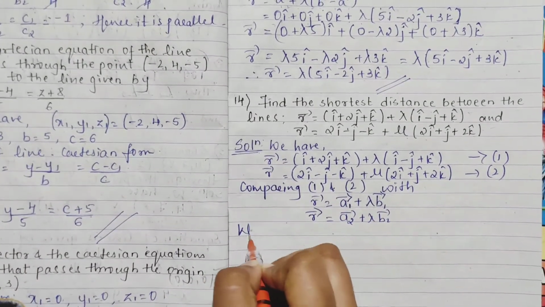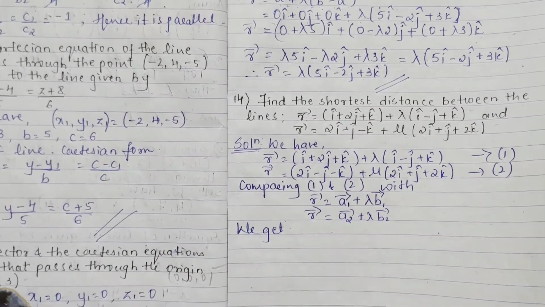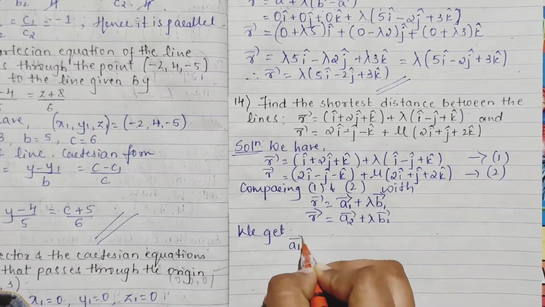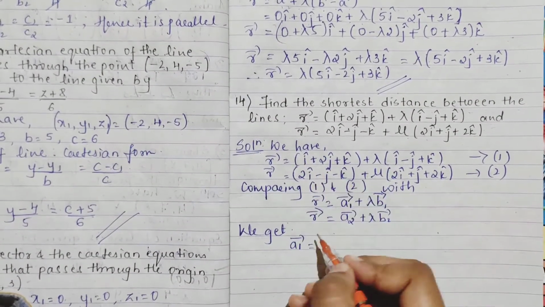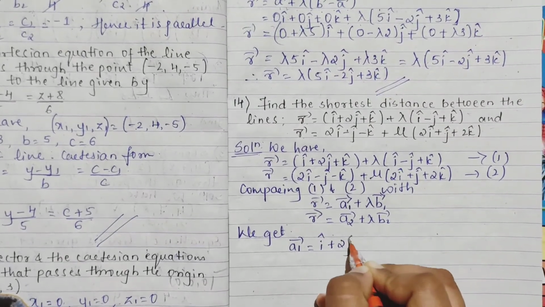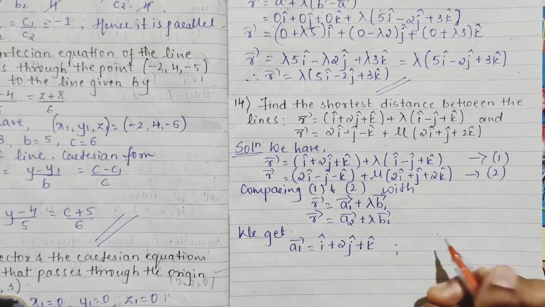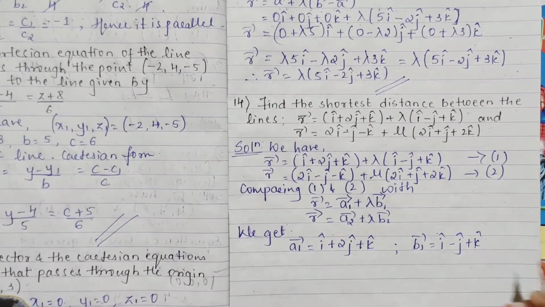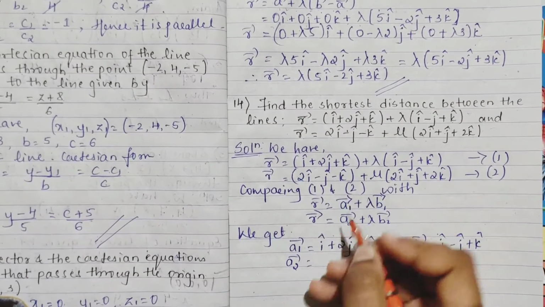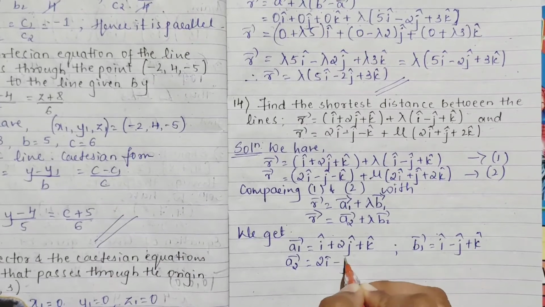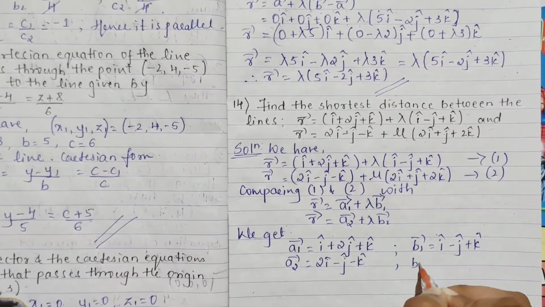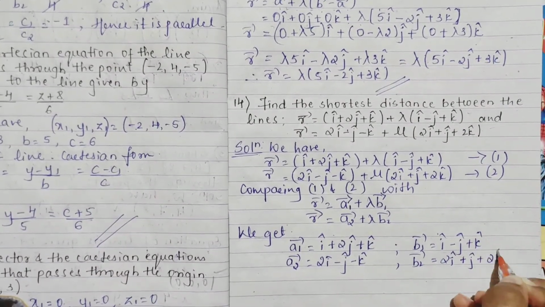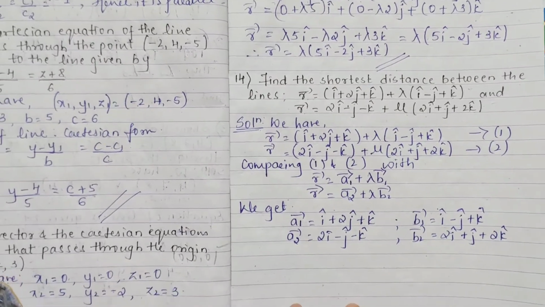So we get your vector a1: i cap plus 2j cap plus k cap. Your vector b1: i cap minus j cap plus k cap. Your vector a2: 2i cap minus j cap minus k cap, and your vector b2: 2i cap plus j cap plus 2k cap. Okay, so you have got this.